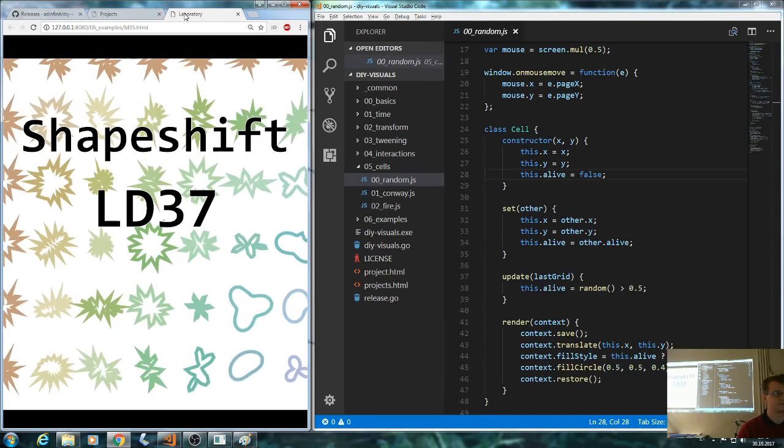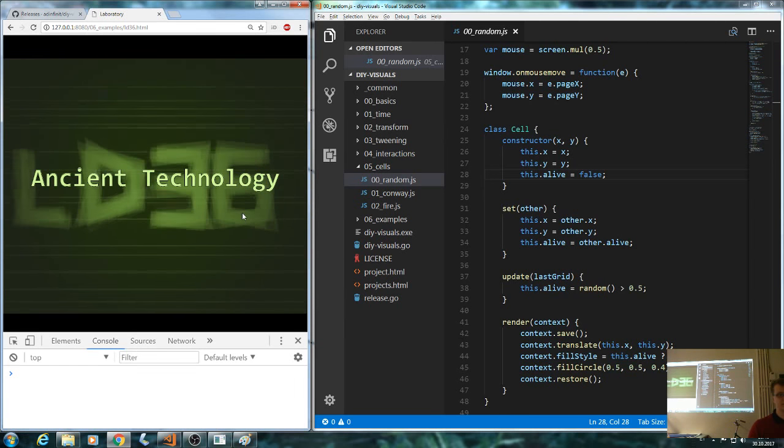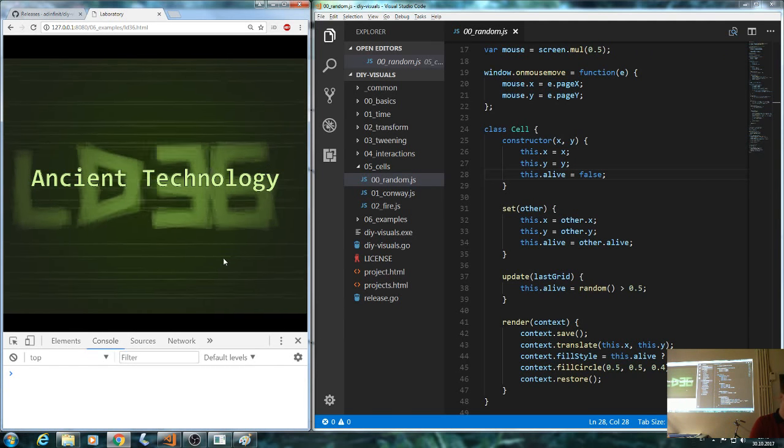And then here we have these letters LD36 defined as shapes, and we jitter all these corner points, so we get this shaky effect, and we add some rectangles here to get those raster lines.